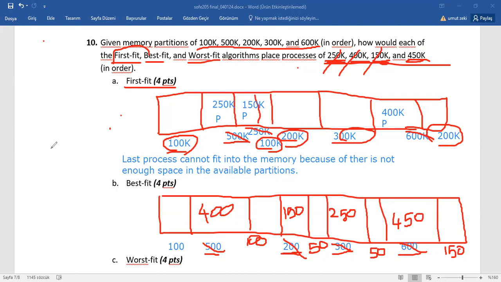In worst fit, it is the opposite of best fit. In best fit, we are looking for the smallest, closest size that can fit in memory. And in worst fit, just the opposite, we are looking for the largest hole.